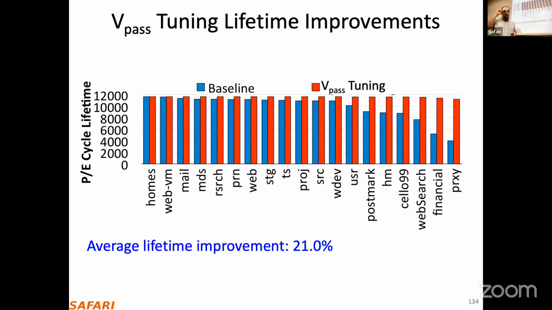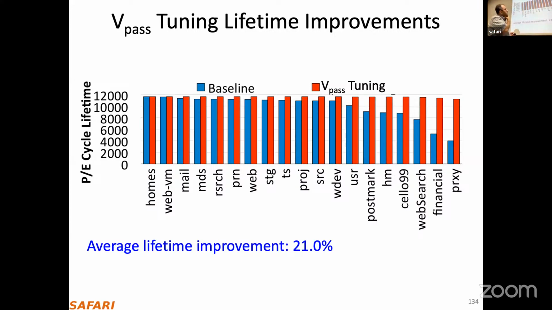Okay, so this is the result. We can see that the average lifetime improvement is 21%, but this is actually a bit skewed because there are some benchmarks where for some reason we don't observe a lot of read disturb. The reason could be that they don't have a lot of read hammering access, like read access to one row or page.